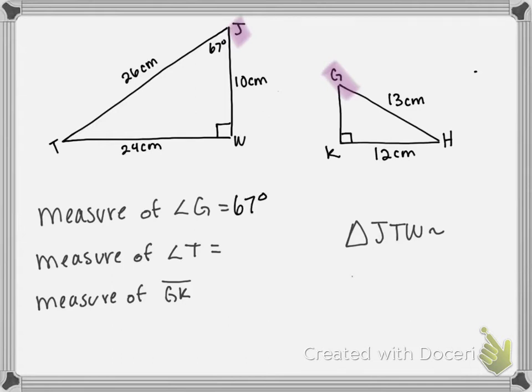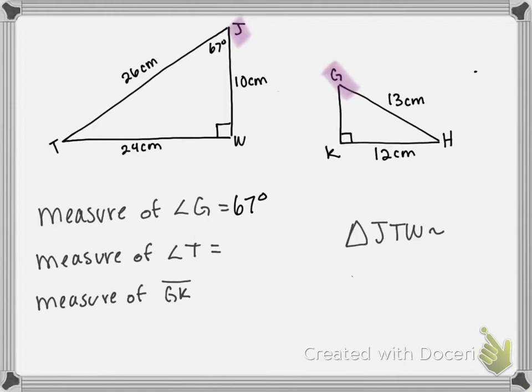Okay. Angle T does not have an angle, and its corresponding angle doesn't have an angle, but we have something else in our toolbox that we can use. We know that every single angle inside of a triangle equals 180 degrees.